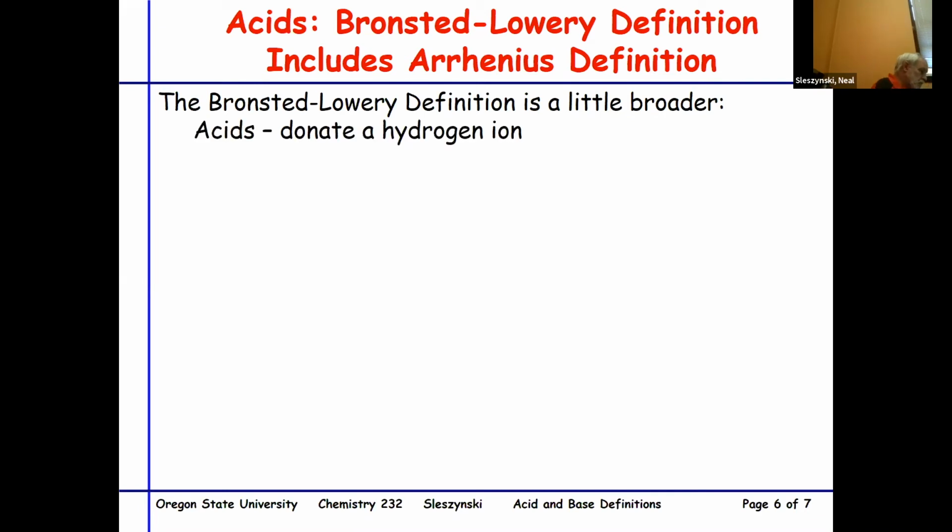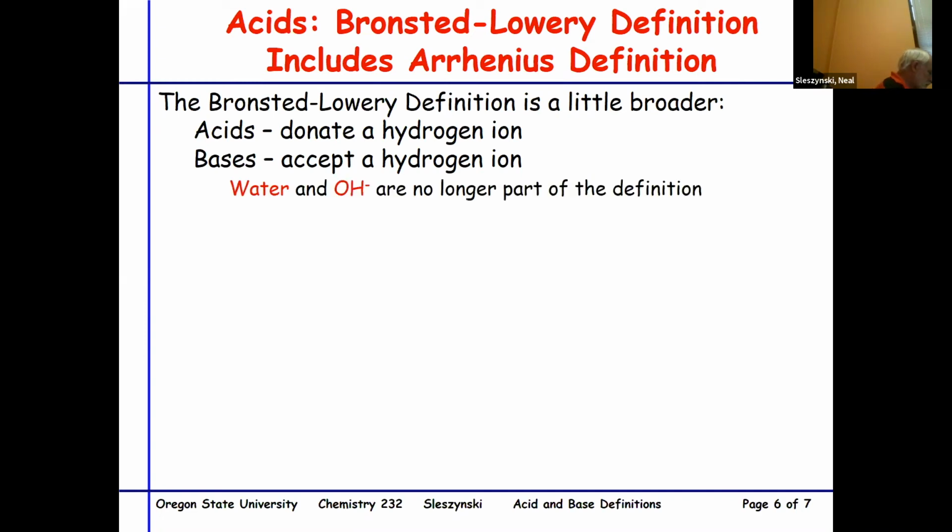Now acids are defined as compounds that donate a hydrogen ion during reaction. Bases are defined as compounds that accept a hydrogen ion during reactions. You'll notice that water and hydroxide are no longer parts of these definitions.